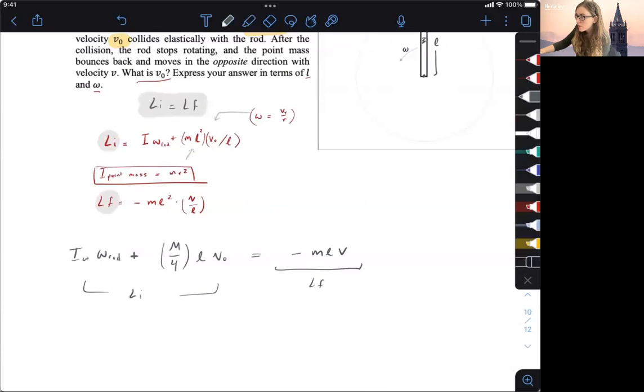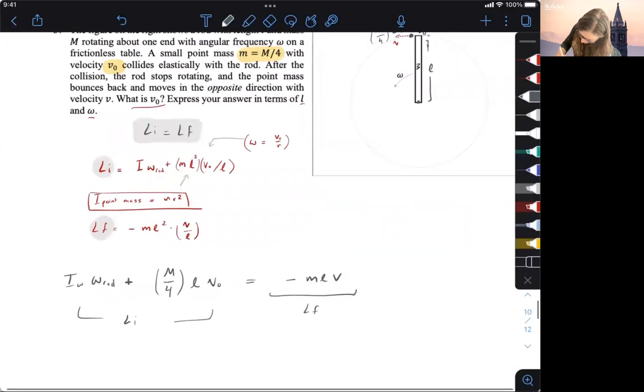Okay, so if we set these two equal to each other and we do a little bit of algebra here, let's see what we have for our V relationship. So I rod, not IW, sorry, I rod is going to be equal to 1/3 ml squared, right?